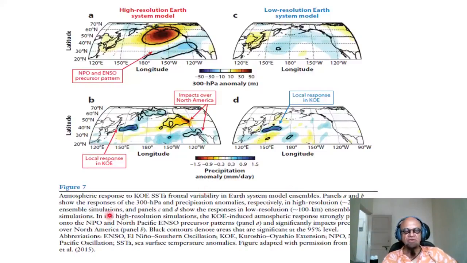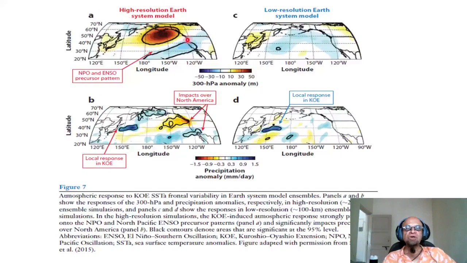Panel A and B show the responses of the 300 hPa and precipitation anomalies respectively in high resolution ensemble simulations, and panel C and D show responses in low resolution ensemble simulations. So obviously we are now getting deeper and deeper into trying to understand them with models, and then saying high resolution models produce something and low resolution models produce something else.